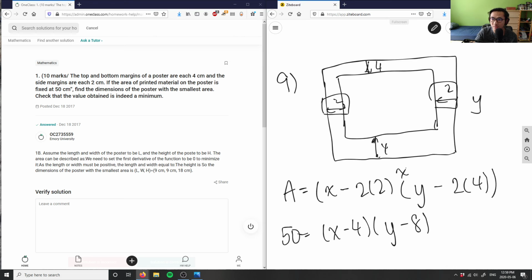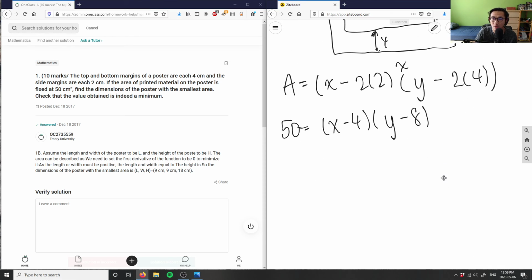What I can do is rearrange for one variable and solve, because again, I'm minimizing the area. This here is the area of the entire frame that I'm looking at.